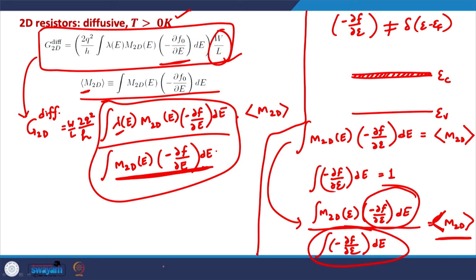So, what it intuitively means is that we can write the G2D diffusion conductance at normal temperatures to be 2q square by h times the average of M2D times the average of lambda.